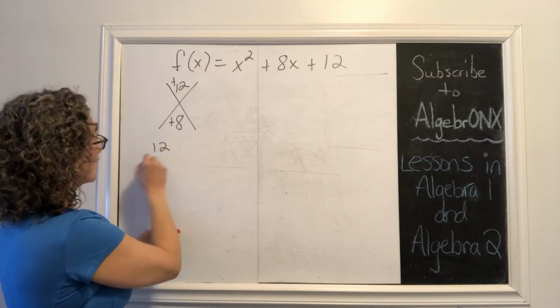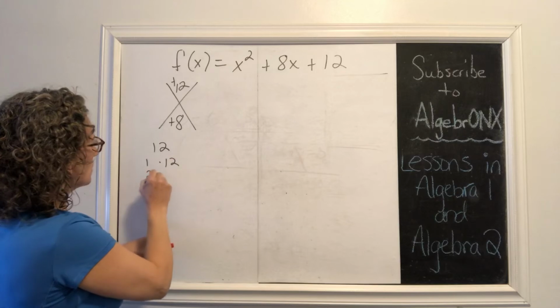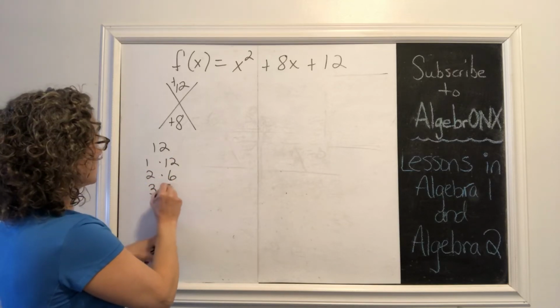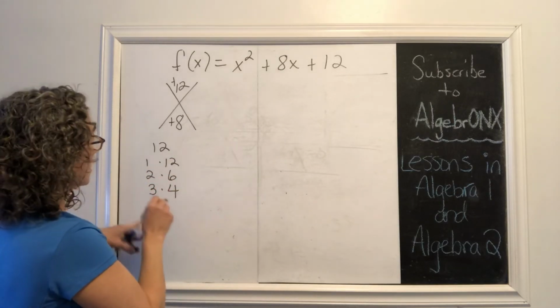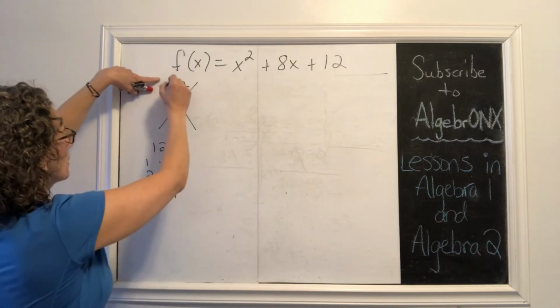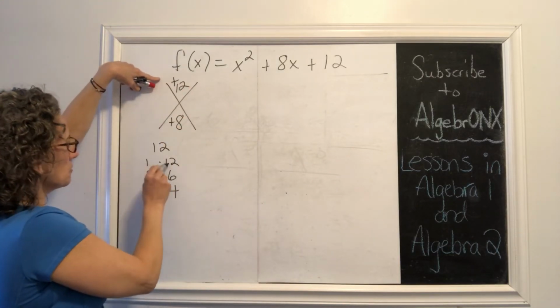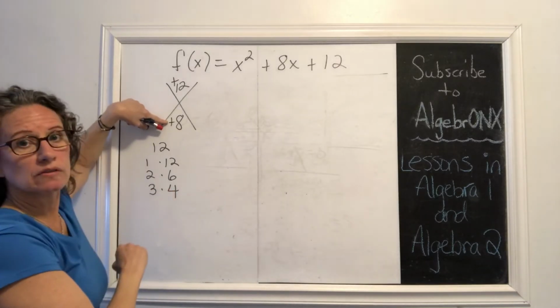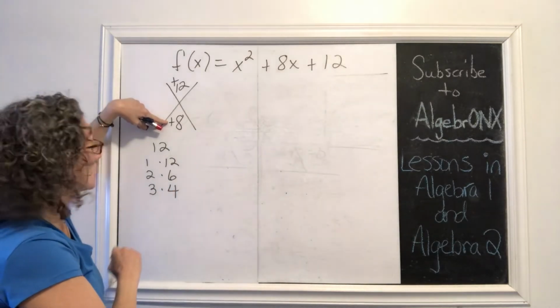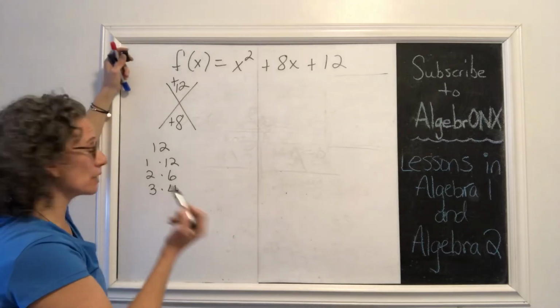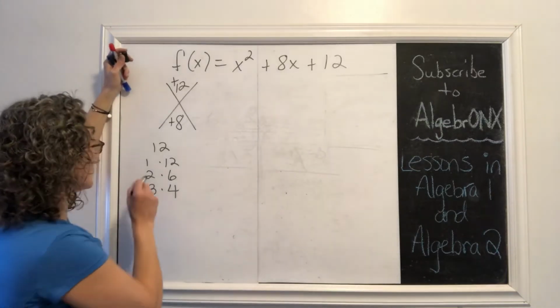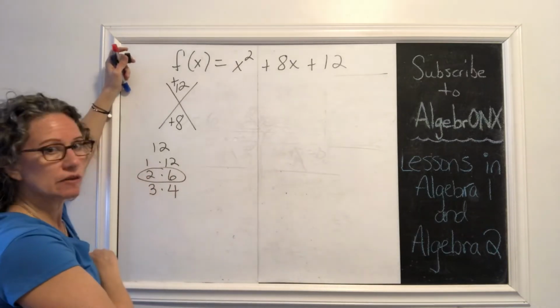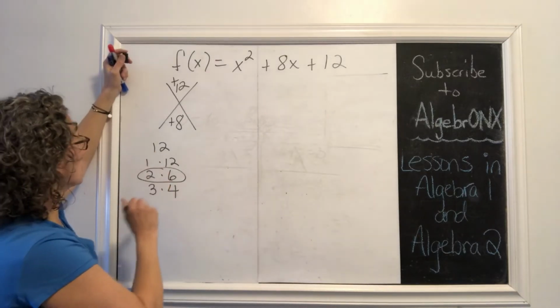Some students like to list the factors, 1 times 12, 2 times 6, 3 times 4, and then think, well, positive means they both have to be plus plus or minus minus. In this case, you look down here, and that sign tells you that they have to both be plus plus. Okay, so two numbers when added give you 8. I think it's pretty obvious. 2 plus 6 gives you 8, and 2 times 6 gives you 12.